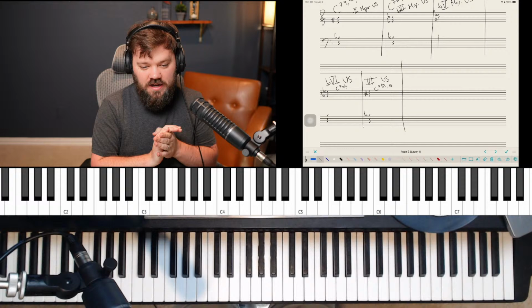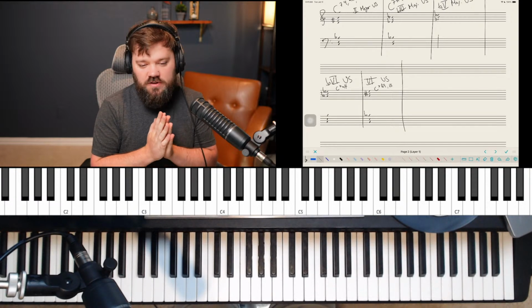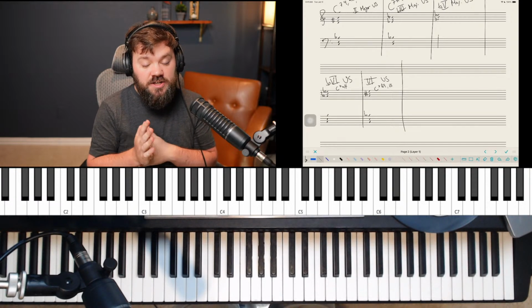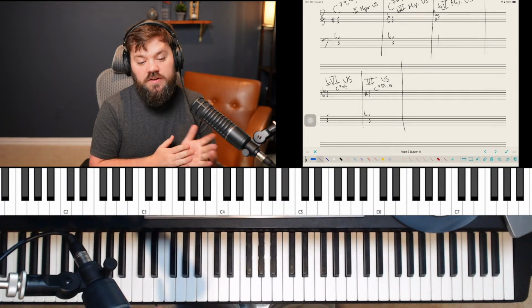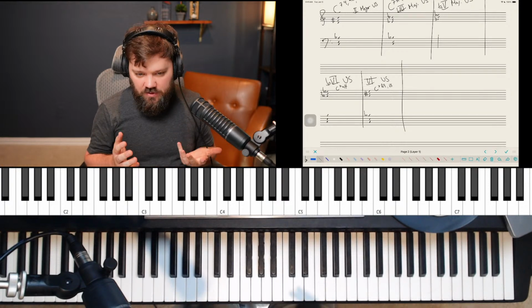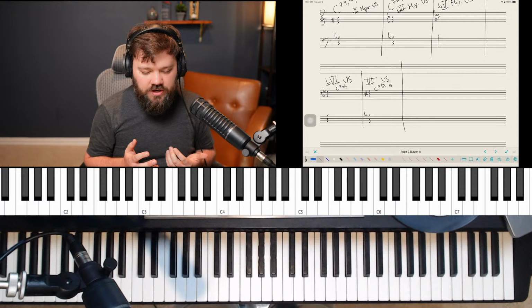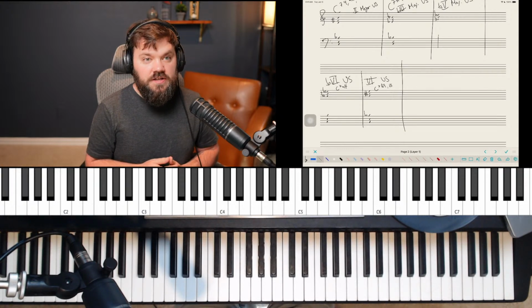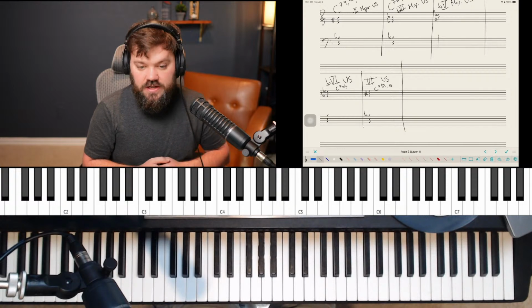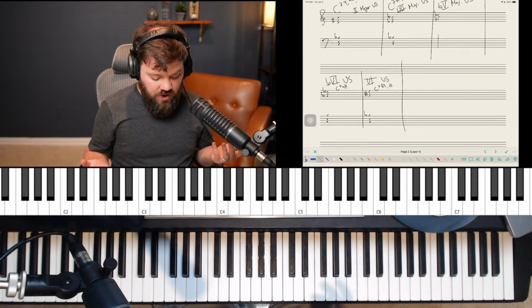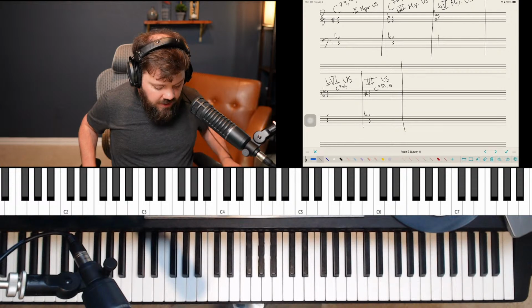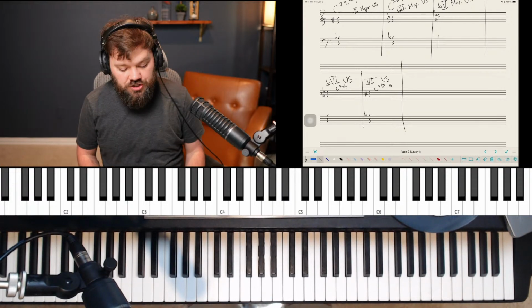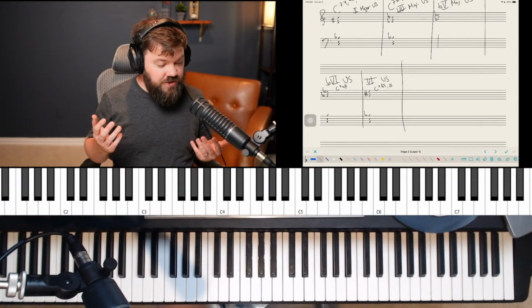But I think it's much more helpful to look at these in some contexts that we can figure out. So I haven't planned anything out here, but what I'm going to show you is some ways that you could use these upper structure triads in a 2-5-1 chord progression. And so let's just start out, we're going to stay in the same key.